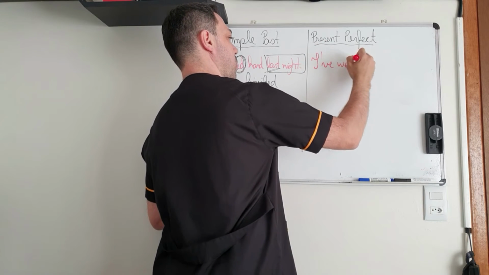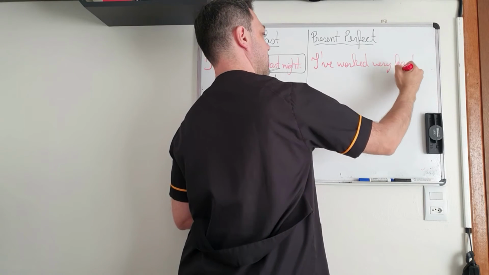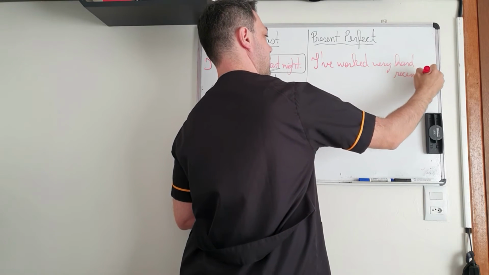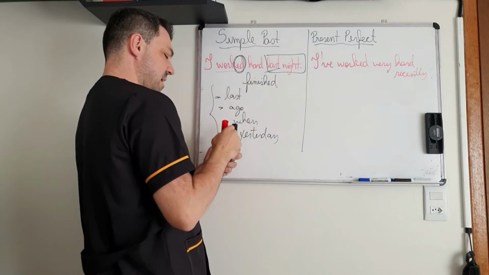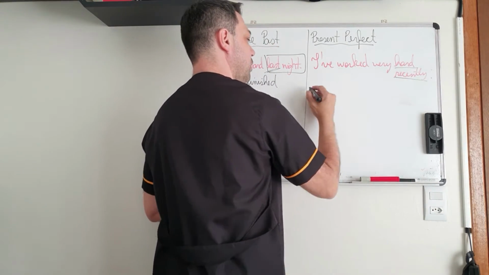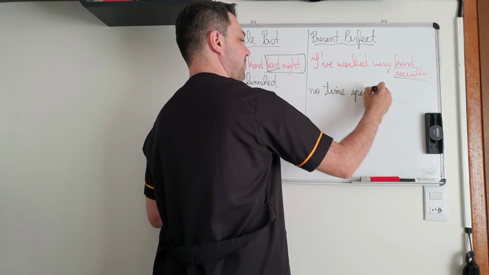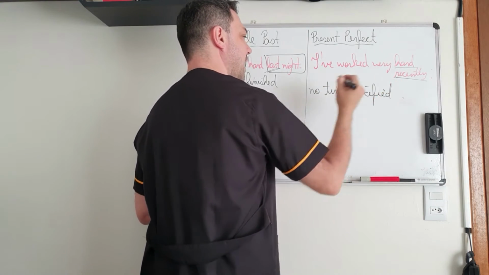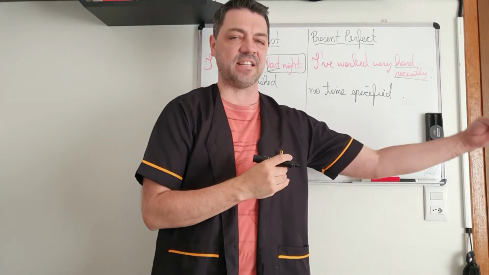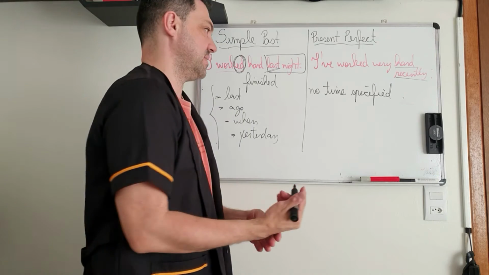I've worked very hard recently. Did you see that the sentences are very similar, but here you don't have time specified. You are talking about something that started in the past and has a consequence in the present.